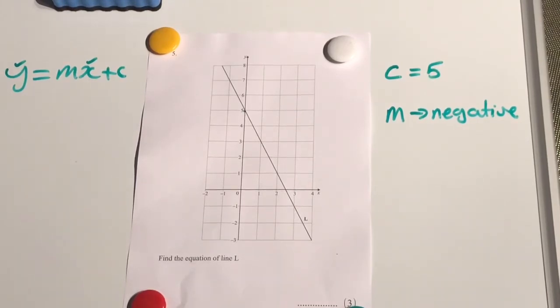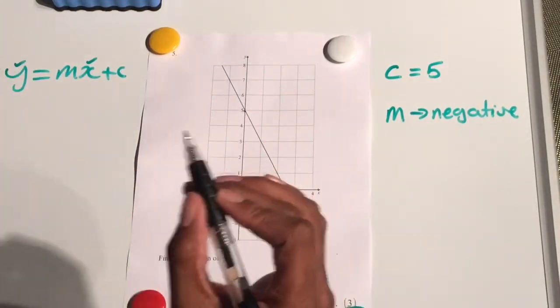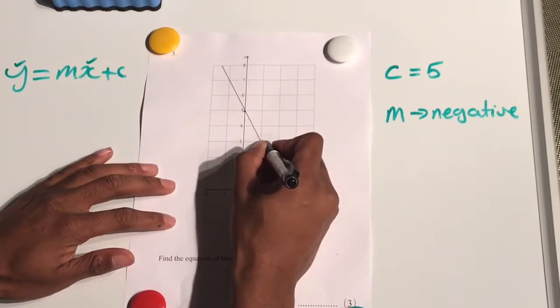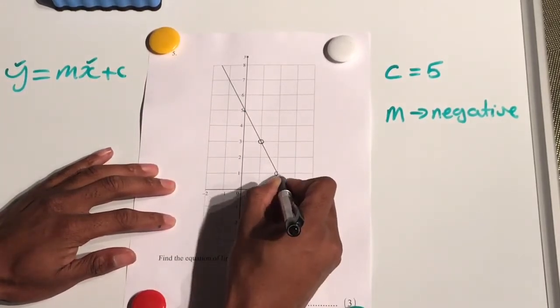Alright, let's have a look at finding this gradient. In other words, how do I describe how this line slopes? So, take 2 points on the line that you can see clearly. So I'm going to go for this point here and this point here.